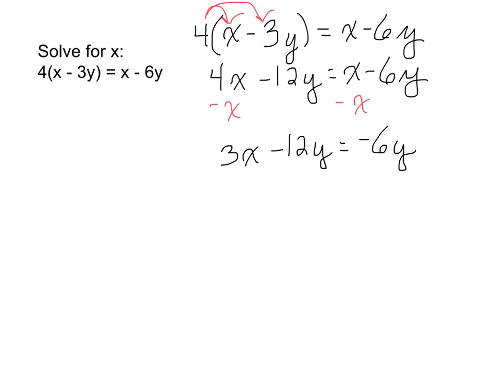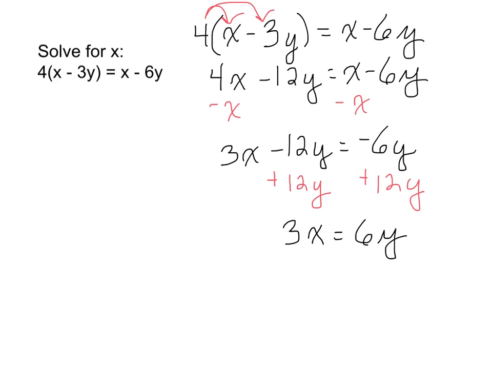The next thing I want to do is move this negative 12y over to the right side of the equation. In order to move that whole term, I want to add 12y. I'm going to do this to both sides of the equation. I now have an equation that reads 3x is equal to 6y.